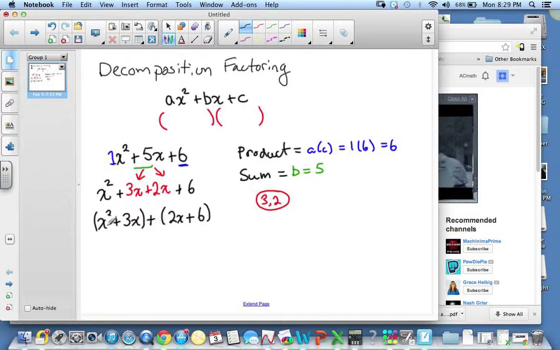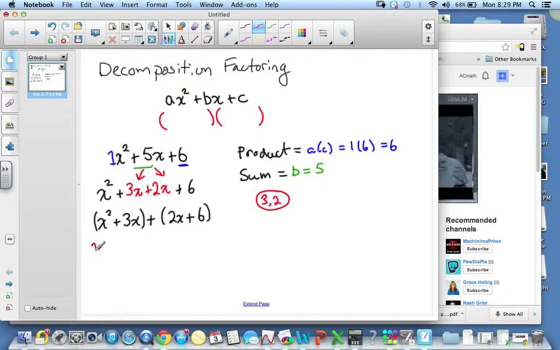If you wanted to, you could use your regular algebra techniques to simplify this, and you would get the same thing back. But when I group, I like to use brackets. So this is step 1. Decomposing is step 2. Grouping is step 3. Step 4 is common factor.